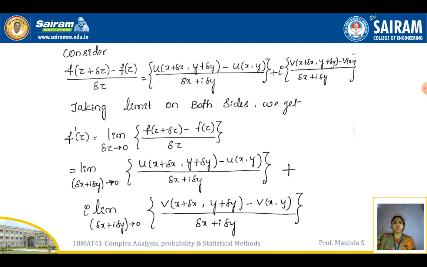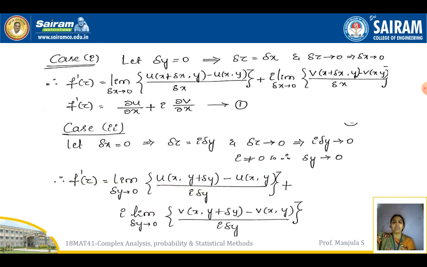Take the limit on both sides. We can write f'(z) as the limit as δz tends to 0 of [f(z + δz) - f(z)] / δz. It means the limit exists, and it is applicable to both terms, that is, the real part and also the imaginary part.